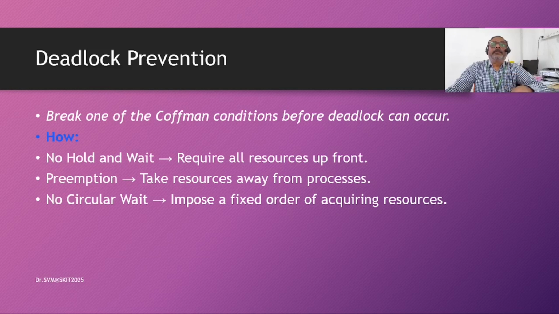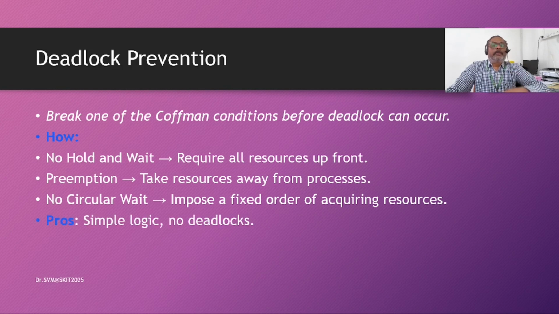You can think of the odd numbered person picking left first, then right, and the even numbered persons picking right first, then left. In this way, we can ensure that the circular wait is cancelled. So in all, if you don't allow any one of these three, then definitely deadlock will be prevented.